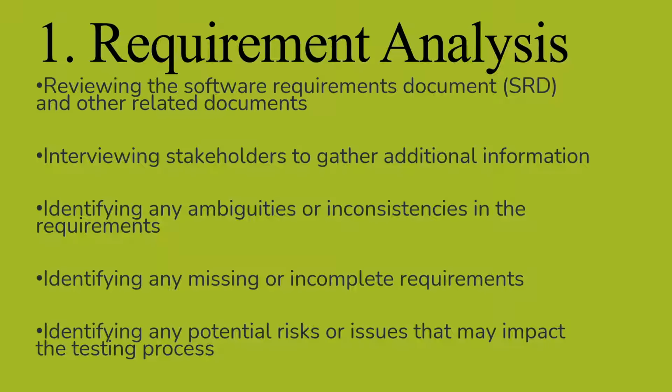So we need to interact with the stakeholders to gather additional information and identify the inconsistencies in requirements and make sure they are consistent, and try to understand each requirement clearly and identify any missing or incomplete requirements.